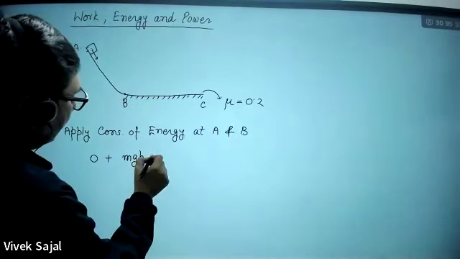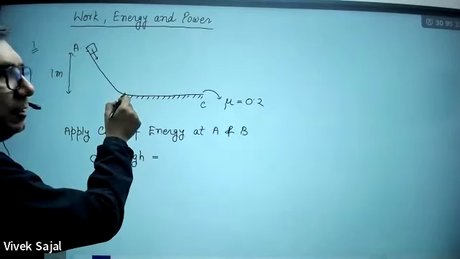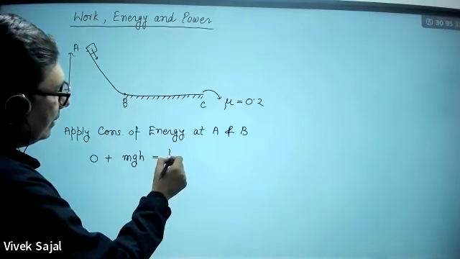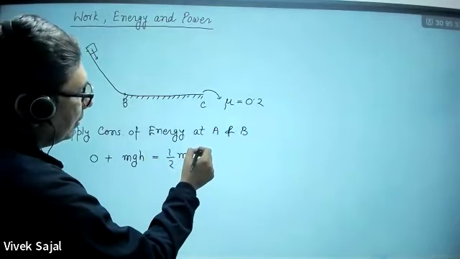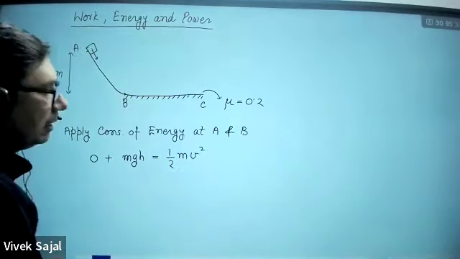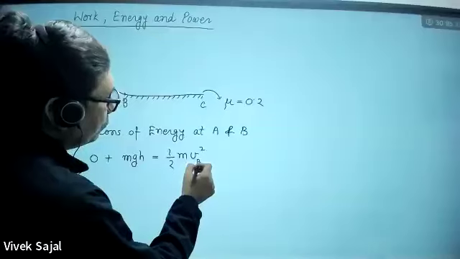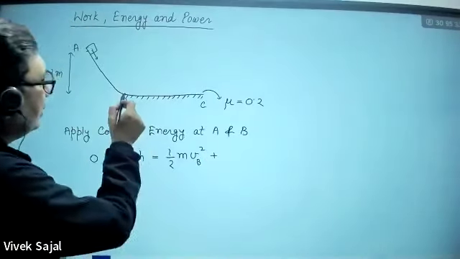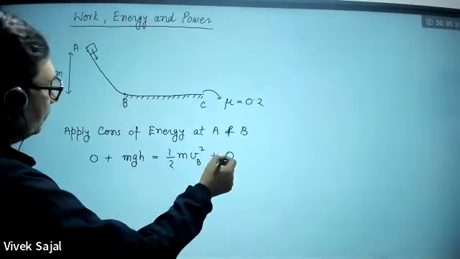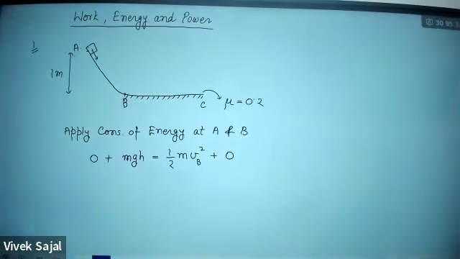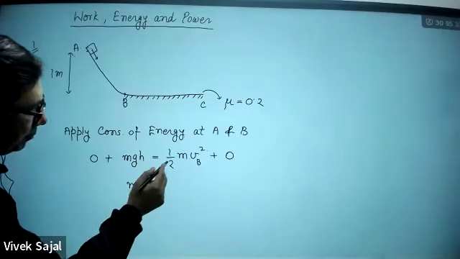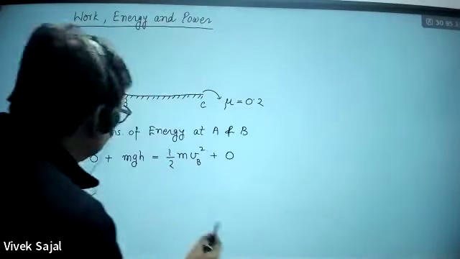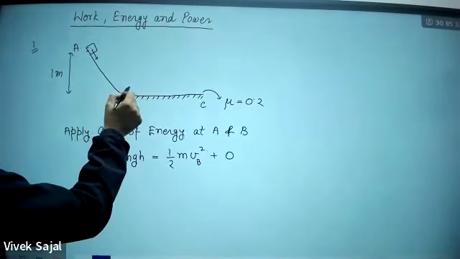It will be equal to, at point B, the kinetic energy, 1 by 2 m vB square, plus the potential energy, which is going to be 0. So this mgh is the kinetic energy available with this block when the block is here.